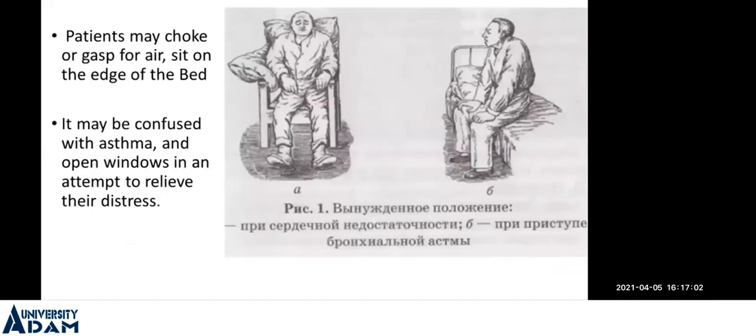But I also mentioned respiratory problems. The patient can also be in the orthopnea position because of a respiratory problem. So look at this picture. These are two pictures of patients, one who has a heart problem and one who has a respiratory problem.